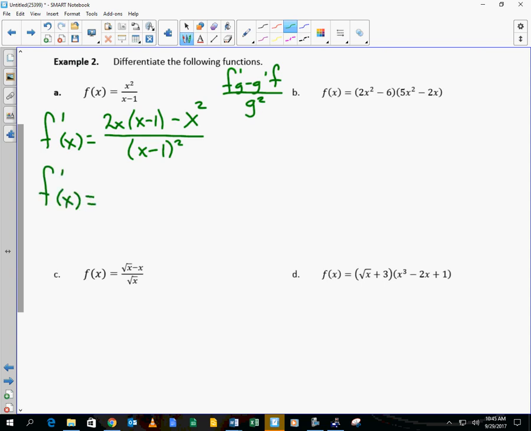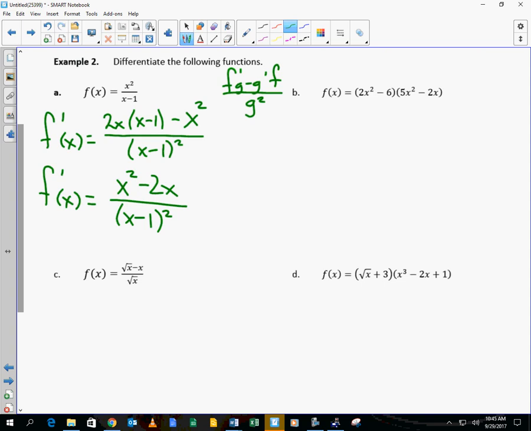So, now, it's simplified if you have combined like terms. We do have some terms we can combine here. If I distribute the 2x, I have a 2x squared minus an x squared gives me x squared minus 2x all over x minus 1 quantity squared.